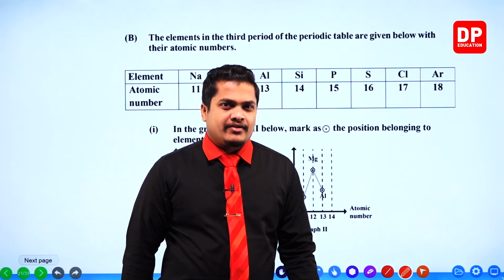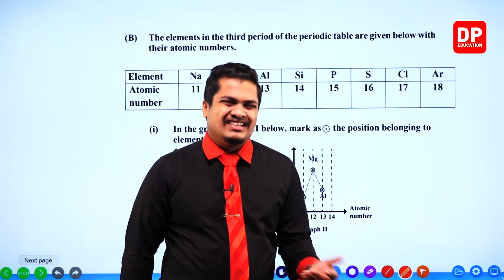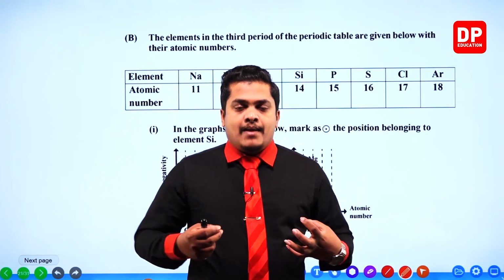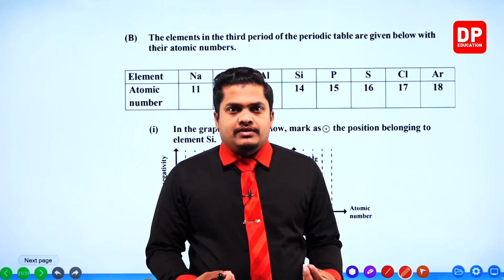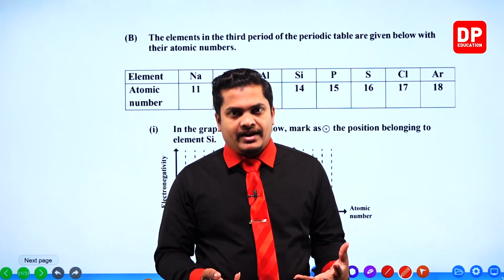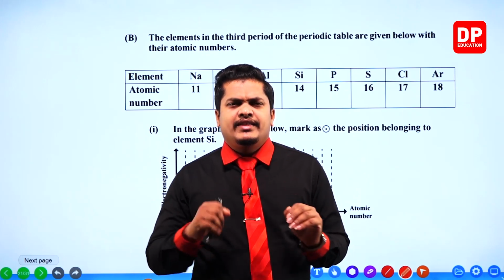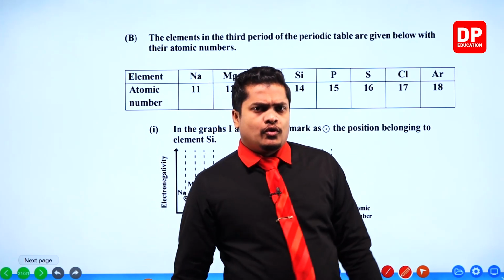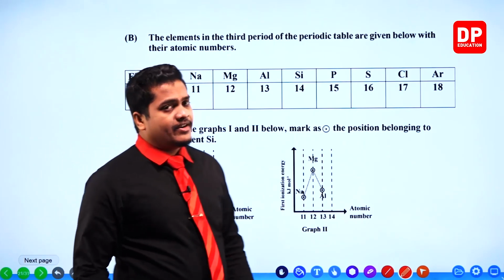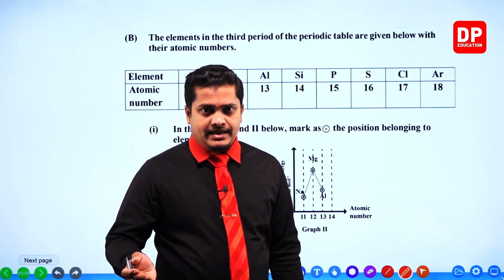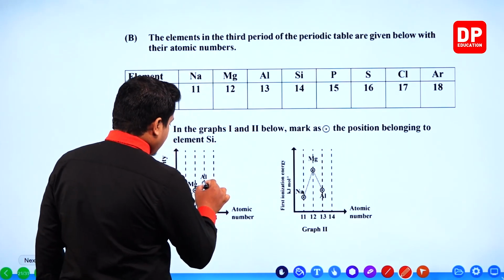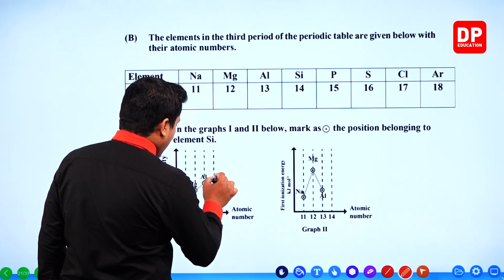But if you elaborate even more, it is the ability of attracting bonded electrons when they are bonded with a covalent bond. That's what we mean by electronegativity. So the ability of attracting electrons will increase gradually when moving from left to right in a period of the periodic table. So in simple terms, here we can represent silicon like this.